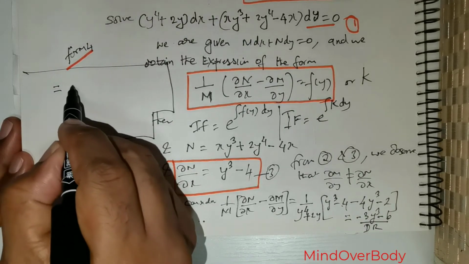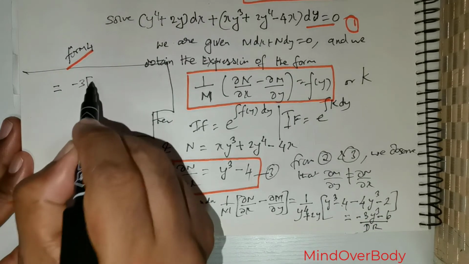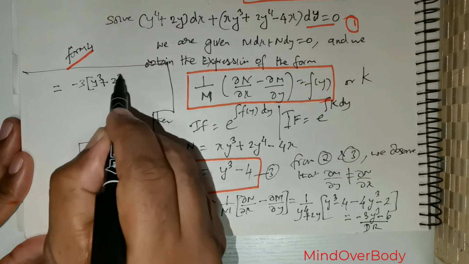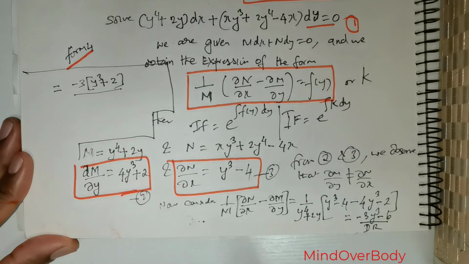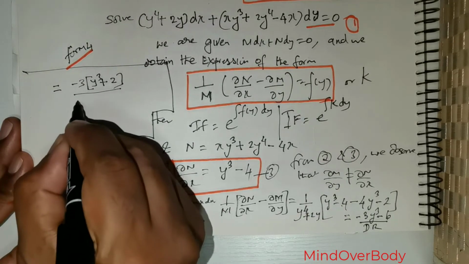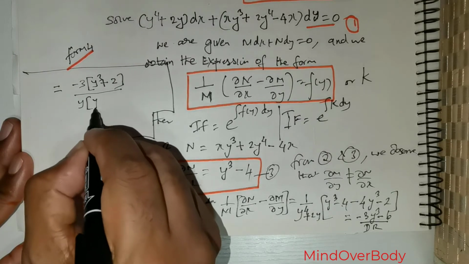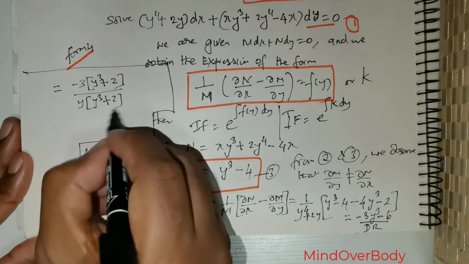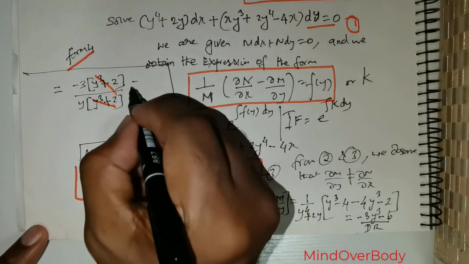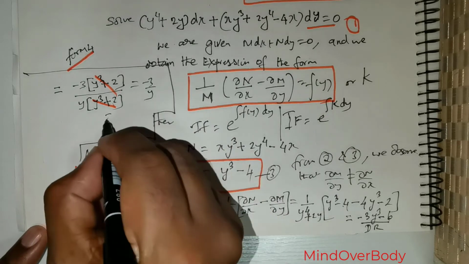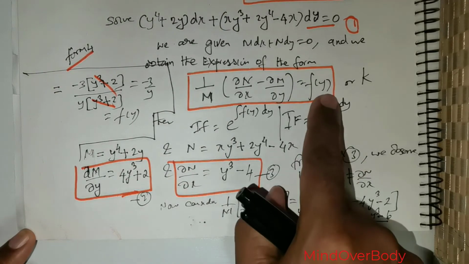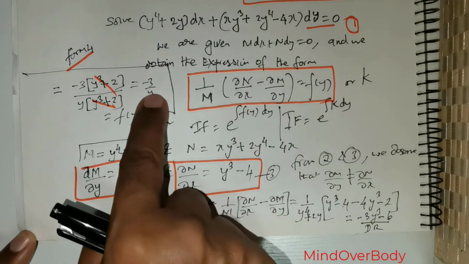I'm going to take negative 3 out, and that would give me y cubed positive 2, divided by, if I take a y out of the denominator, I would get y to the power of 3 positive 2. So clearly these two can be cancelled, giving me negative 3 over y, which is nothing but a function of y. So I now have a function of y, which is what is required, right?